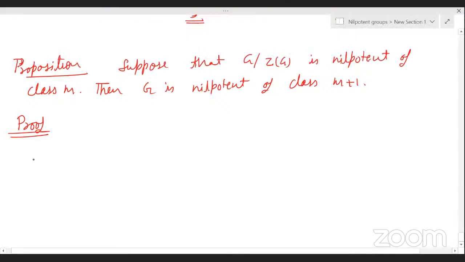If you see the upper central series of G, why are we using the upper central series of G? Because in the upper central series, this term ZG, the center of the group, is involved everywhere. So that's why I am going to use the upper central series for this proof.